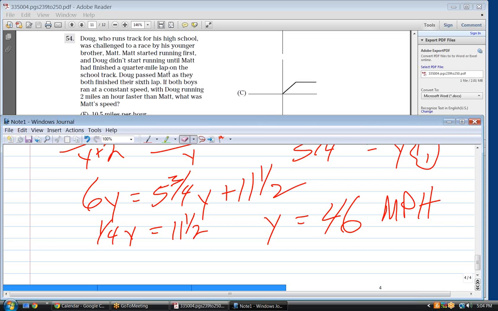Maybe, because all they say is that Doug didn't start running until Matt had finished a quarter-mile lap on the school track. So maybe you can put the distances as, if he did six laps, that's 1.5 miles. And if Matt did 1 less, then that's 1.25. I don't know if that would work, because he was down a lap, right?